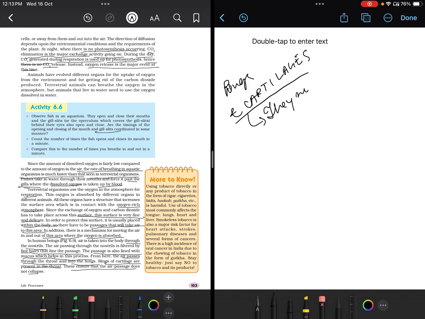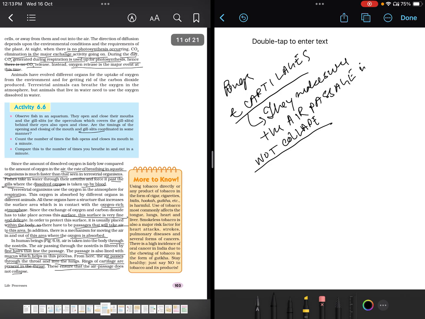They make sure the air passage does not collapse. So you have to remember the purpose of the rings and cartilages.